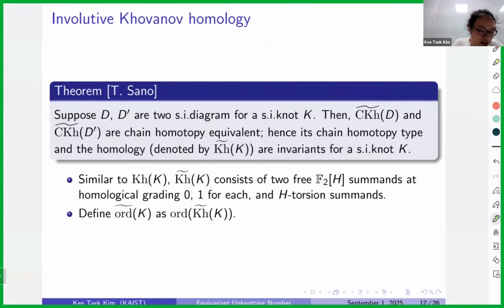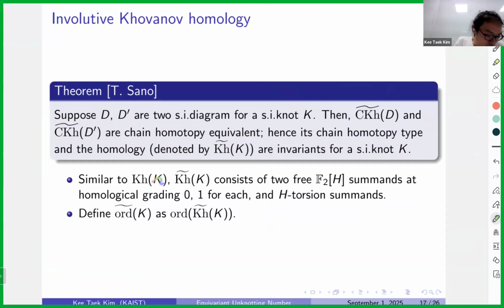And this is a theorem by Taketo Sano. If we have two involutive diagrams for a given strongly invertible knot, then these involutive Khovanov chain complexes are chain homotopy equivalent. So each chain homotopy type and homology is an invariant of the strongly invertible knot. Okay.